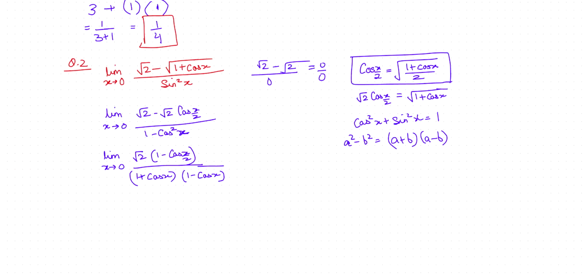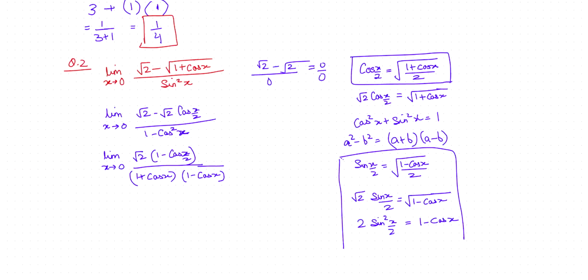So we can again use the half angle formula for this. So we know this half angle formula, sin x by 2 is equal to square root of 1 minus cos x by 2.